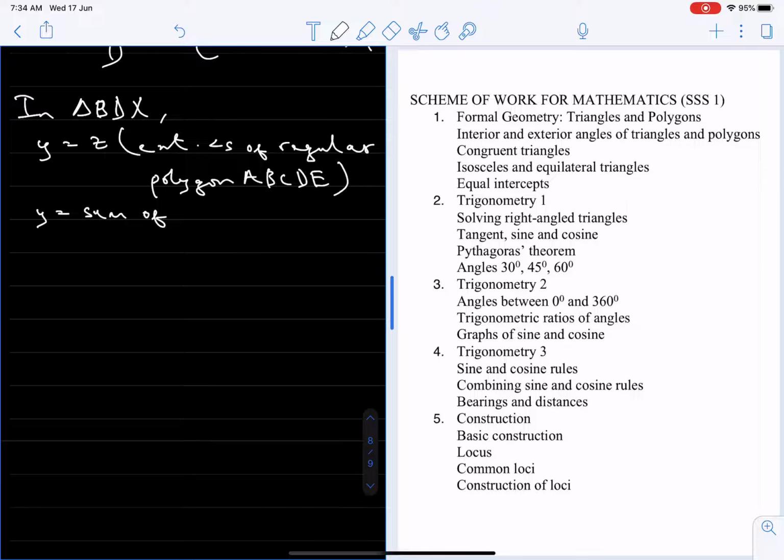Each exterior angle of a regular polygon is given by the formula sum of exterior angles, all over number of sides.